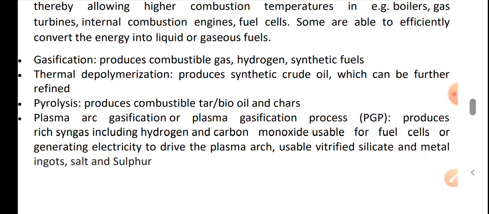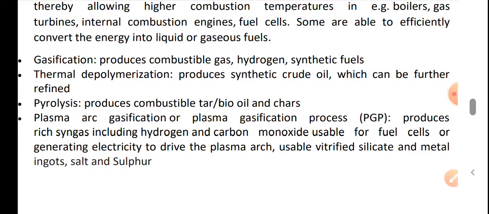Also, plasma arc gasifiers are a new technology which produces rich syngas, which includes hydrogen and carbon monoxide, and it can be used in fuel cells, or it can be used to generate electrical energy.